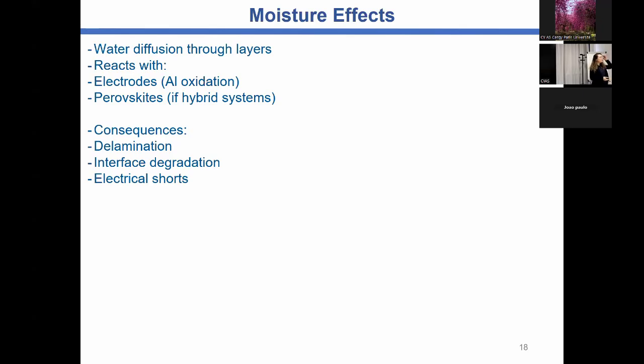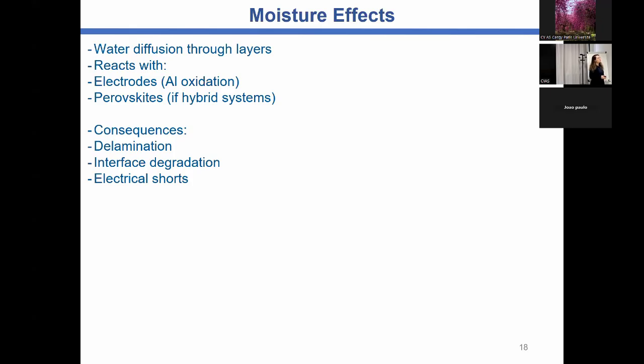The moisture also can impact in terms of degradation. It usually interacts with the electrodes. So the aluminum, for instance, can degrade because of the interaction with the moisture.